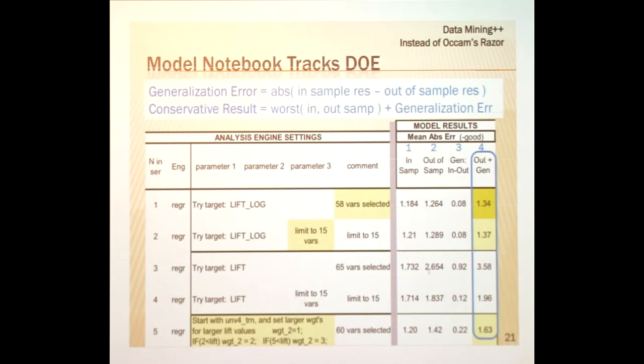Some of these others have a very big gap, like 0.9. So it's not generalizing very well when you see different data or new data, and so then I'm not trusting the model very much. Here it's a metric that's balancing both accuracy and generalization. It is a heuristic, but it's one way of trying to not go all the way to one extreme or all the way to the other extreme.